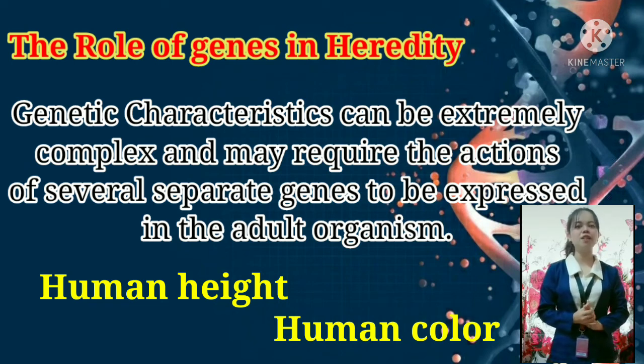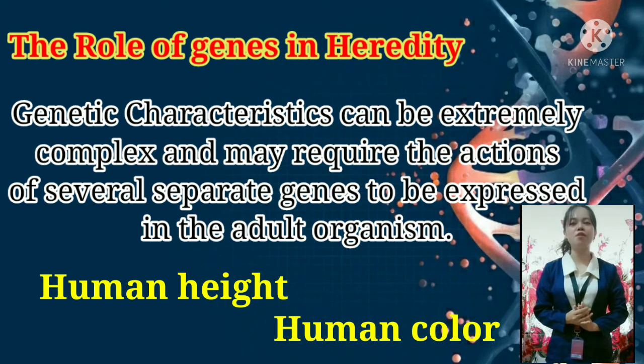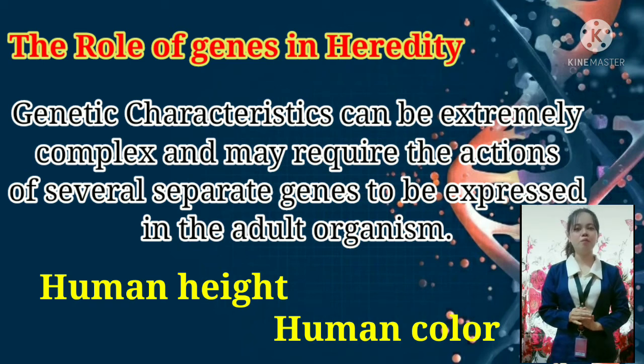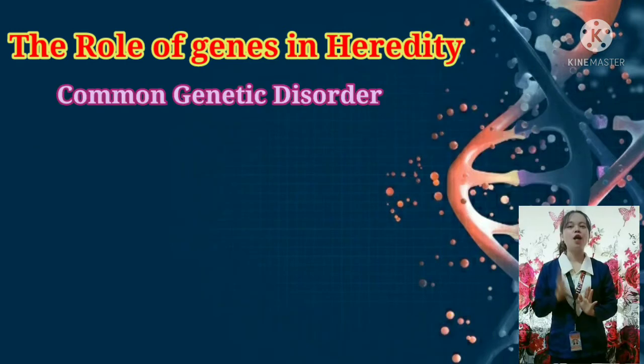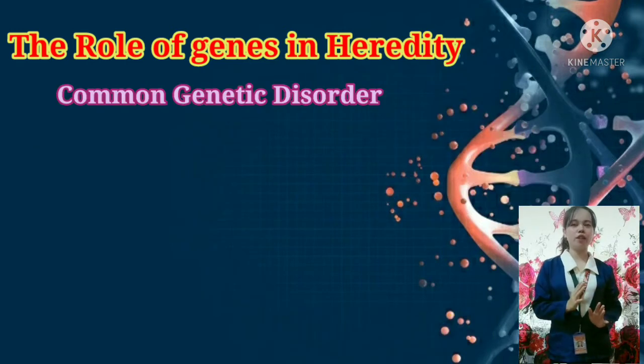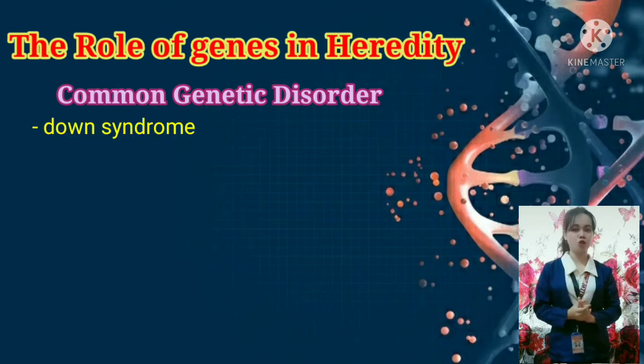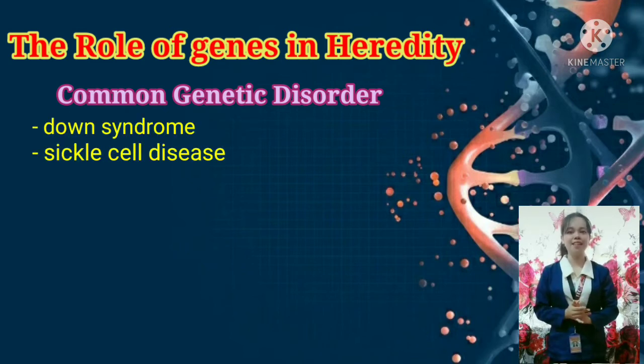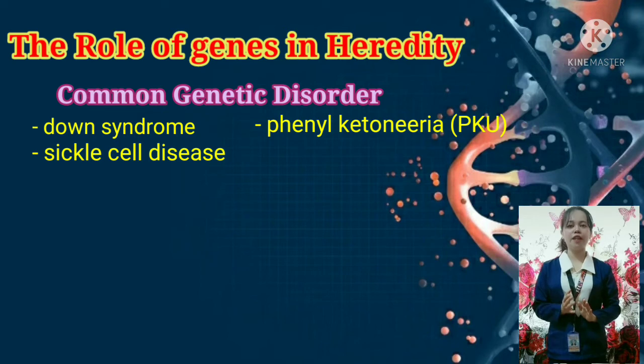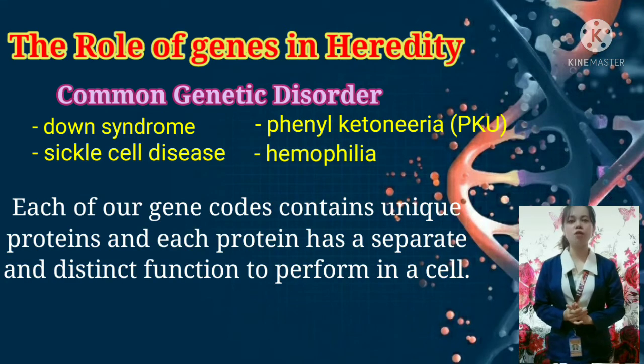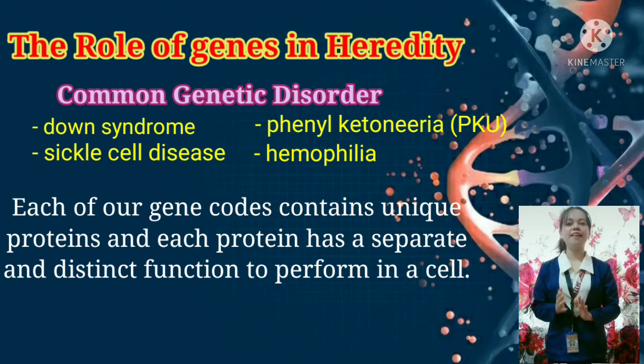Some of these traits may have extreme phenotypes such as albinism, a lack of skin pigment in humans. Now, common genetic disorders include Down syndrome, sickle cell disease, phenylketonuria, and hemophilia. Each of our genes codes for a unique protein, and each protein has a separate and distinct function to perform in the cell.